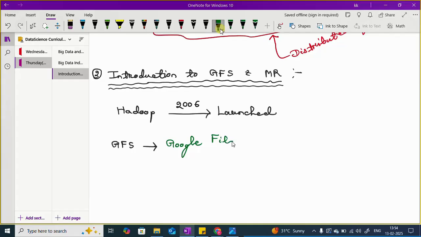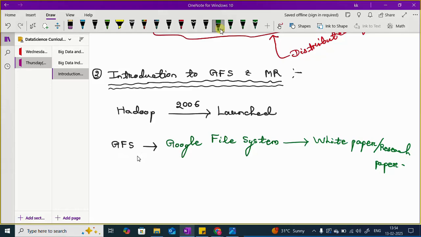So, in the year 2006, Google launched a white paper, or you can say a research paper, about the distributed file system. The name is GFS, Google File System.